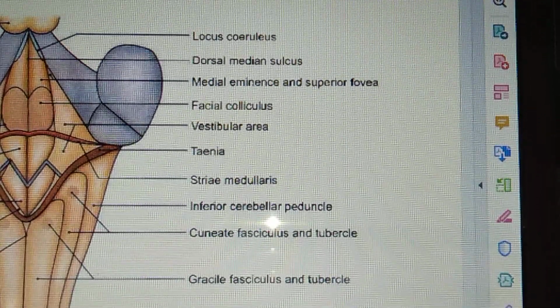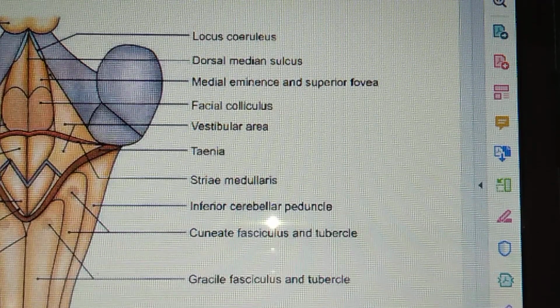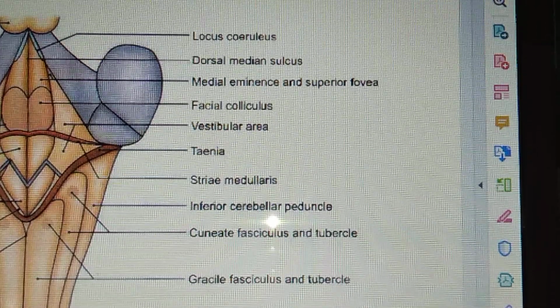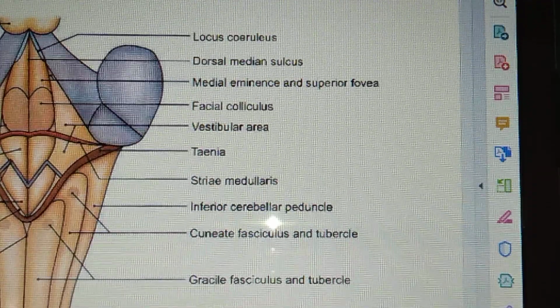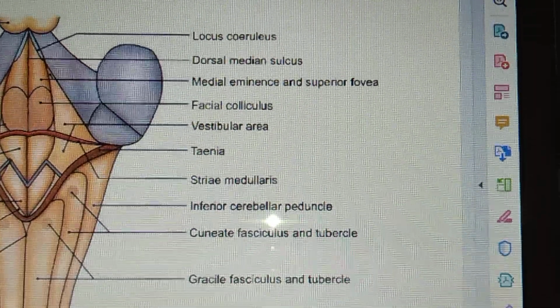This color is due to the presence of pigmented neurons which constitute the substantia ferruginea. The upper part of the sulcus limitans is marked by a depression, the superior fovea, which lies just lateral to the facial colliculus.